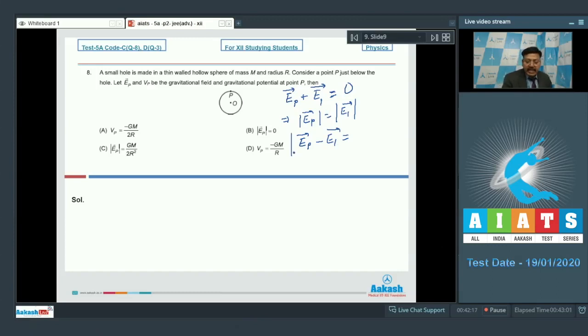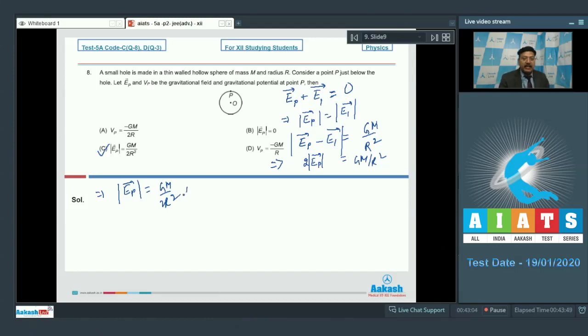And we know that the magnitude of this quantity is Gm by r square. So this means that 2 times magnitude of EP is Gm by r square, which simply means that the magnitude of gravitational field EP will be Gm by 2r square. That means C is correct and B is incorrect.